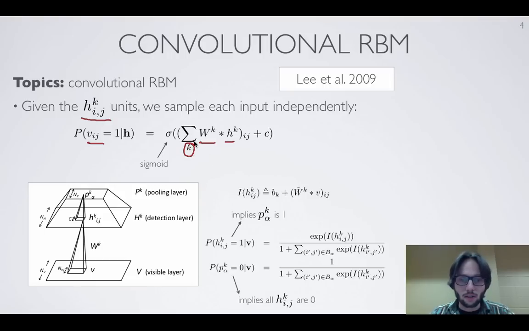And then that convolution at position ij plus some bias c, passed through the sigmoid, gives us the probability that this particular visible unit at position ij is equal to 1. And 1 minus that would be the probability of it being equal to 0.